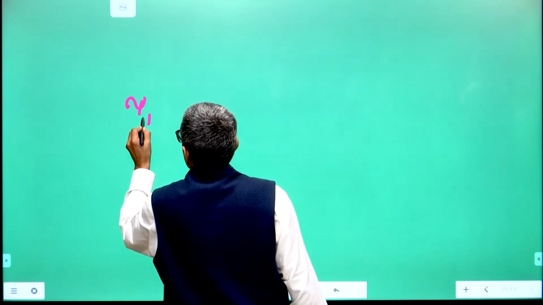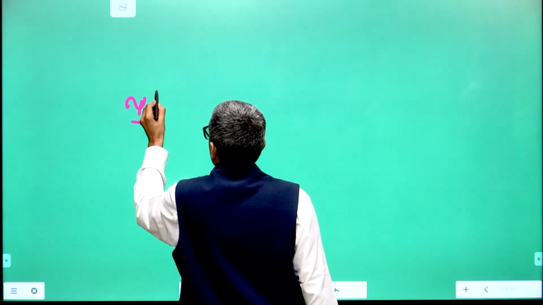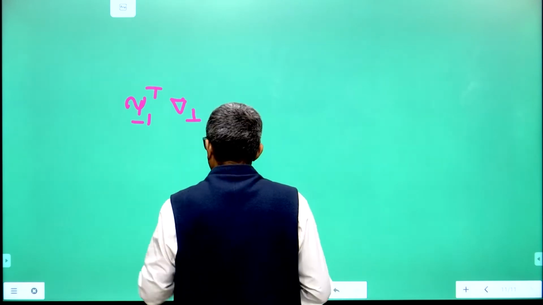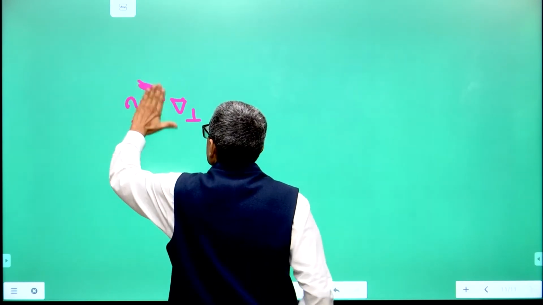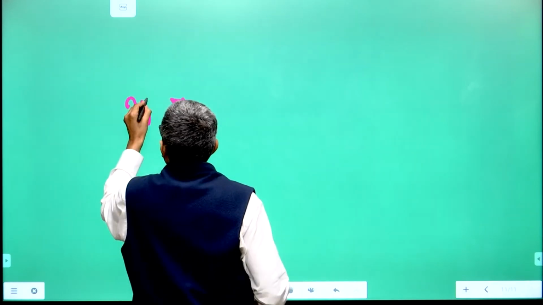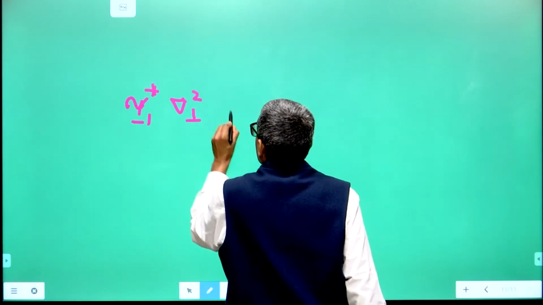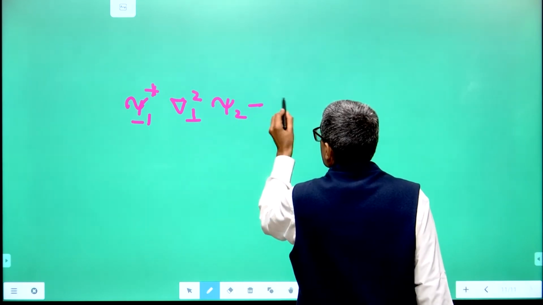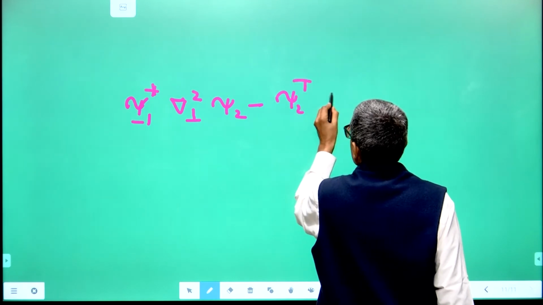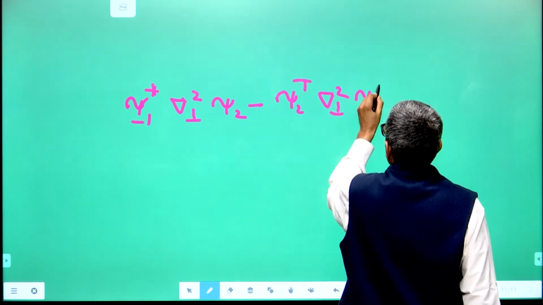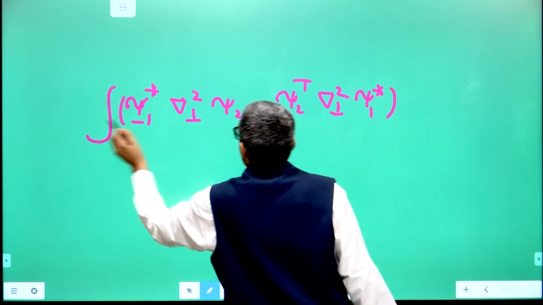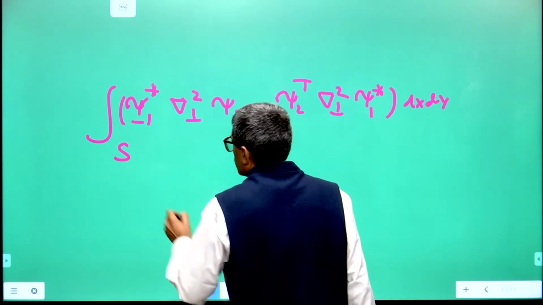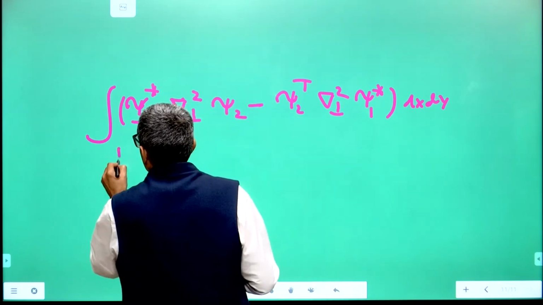Simply take two functions psi 1 and psi 2 and apply Green's theorem in the following form. Let us take psi 1 star, star meaning conjugate transpose, del perpendicular square psi 2 minus psi 2 transpose del perpendicular square into psi 1 star, and then you integrate this over the cross section of the guide, let us call that cross section D in the xy plane.